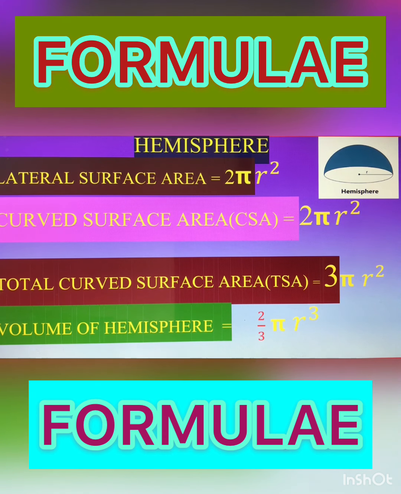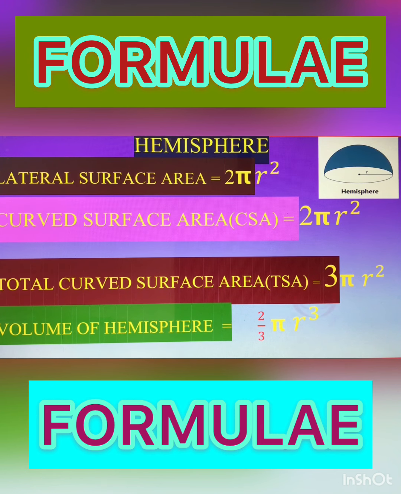Now the volume of the hemisphere is just half of the volume of the sphere. The volume of sphere is 4 by 3 pi r cube, sorry, and the volume of hemisphere is just half of the volume of sphere, that is 2 by 3 pi r cube.